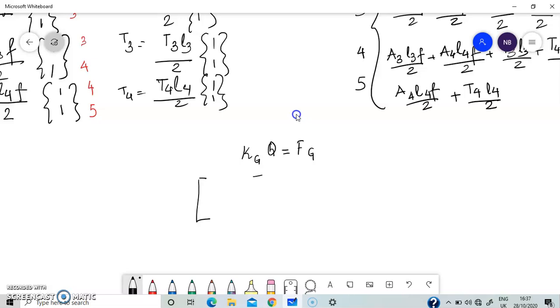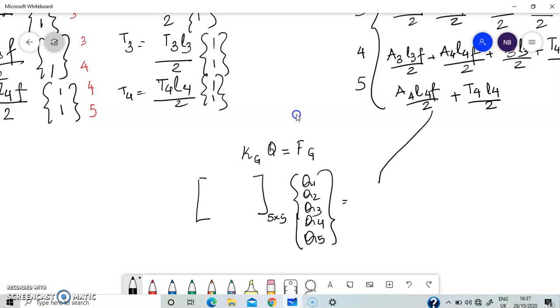Here you will have a 5 by 5 matrix multiplied by Q1, Q2, Q3, Q4, Q5 equals this matrix here. Now you will have 5 equations and 5 unknowns. So the equations have to be solved simultaneously to get the values of Q1, Q2, Q3, Q4 and Q5.